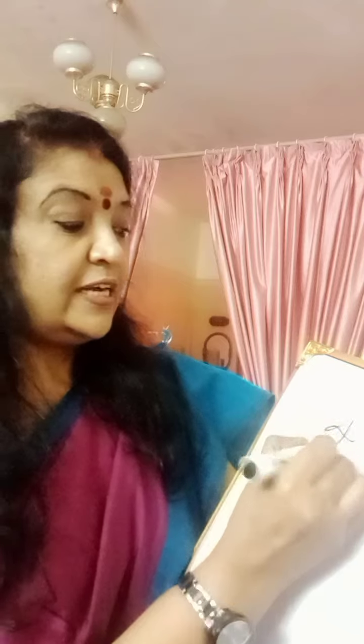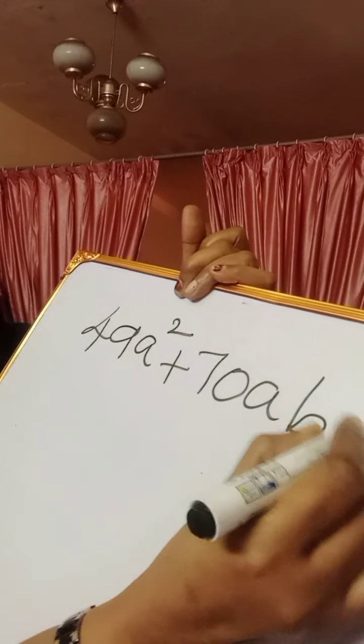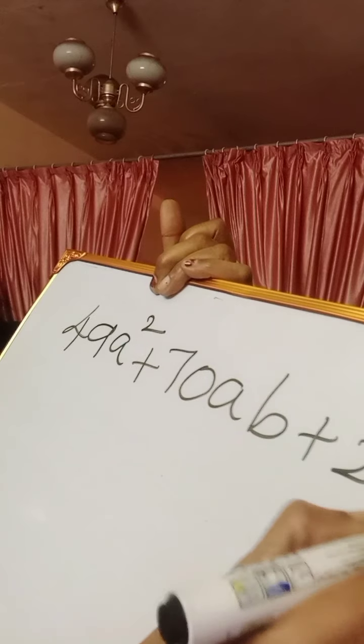So here I am showing one example. How to factorize? I told you I am talking about only the square identity. That is degree 2. The expanded form is given, and you have to find its factors. Just factors. One example is 49a square plus 70ab plus 25b square.